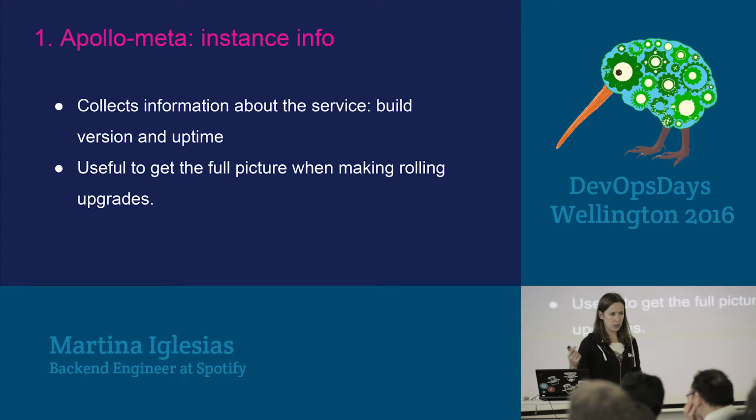And apart from System Set, this can be very useful. For example, if you're doing a rolling upgrade, you could monitor how the upgrade is going by making requests to these endpoints and getting back the version that is running in each instance.